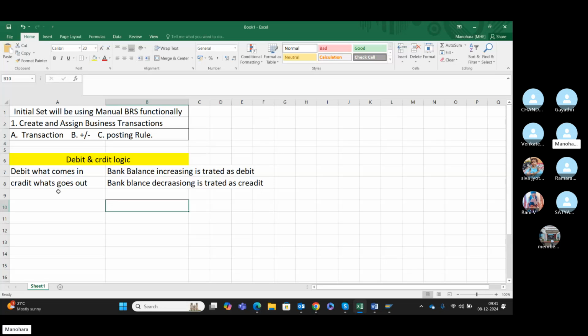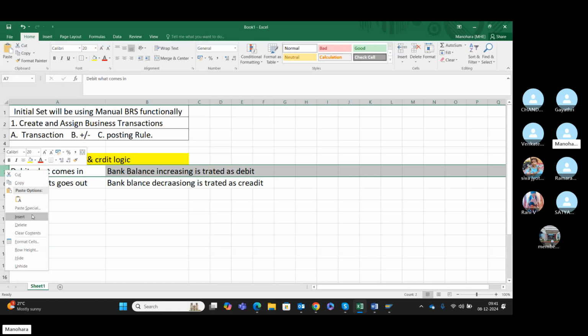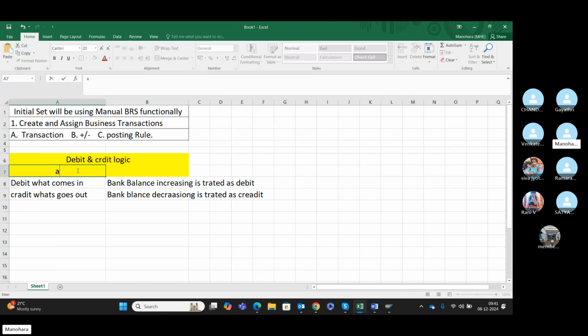So this is as per accounting. I will write here: as per accounting rule. And here, as per banking point of view, how will it happen? As per banking, don't get confused here. This is where more confusion happens.